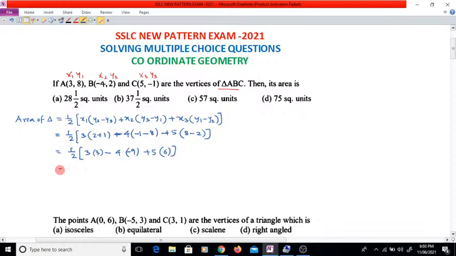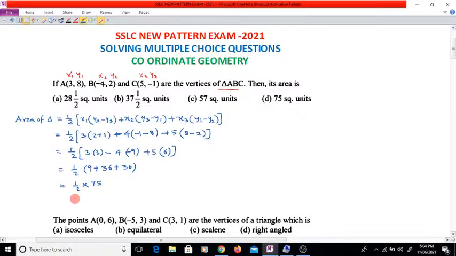So this is equal to 1/2, 3 3s are 9, minus into minus becomes plus, 9 4s are 36, plus 5 6s are 30. So this is equal to 1/2 into 30 plus 30 is 60, plus 6 is 66, and this is 75.